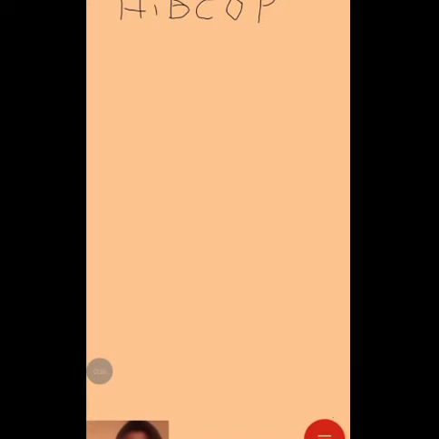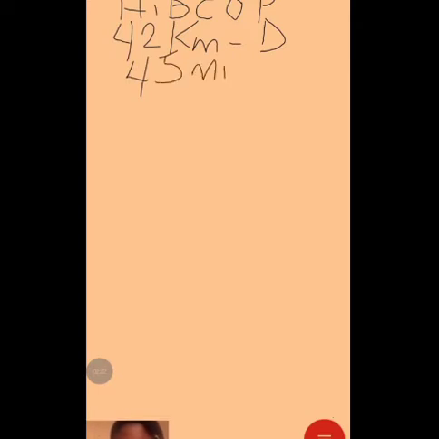Alright, so very quickly, I'm going to highlight my own keywords, and here I have 42 kilometers, and I told us that kilometer signifies distance. I'm going to write D for distance, and also they gave me 45 minutes, which signifies time.